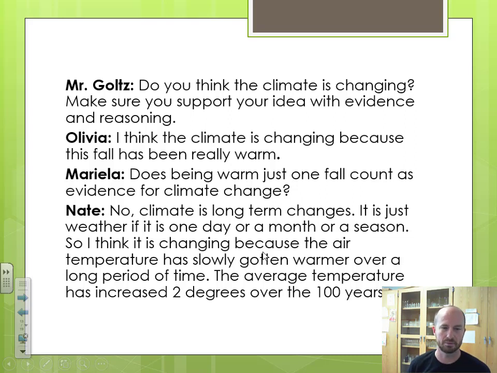It is just weather if it is one day or a month or a season. So I think it is changing because the air temperature has slowly gotten warmer over a long period of time. The average temperature has increased 2 degrees over the 100 years. So in this entire dialogue, what is the claim, what is the evidence, and what is the reasoning? Okay, I'll give you a second to think about that. Claim, evidence, reasoning.